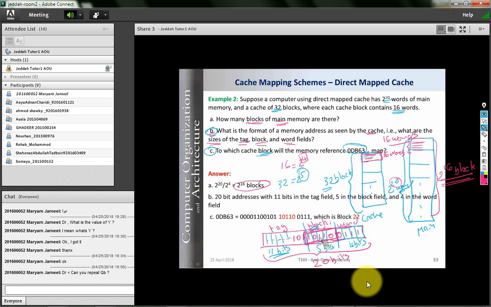This value is 16 plus 4 plus 2. 16 plus 4 is 20, 20 plus 2 is 22. That means this address is mapped to block number 22 in the cache memory. So we'll find this address in block number 22 in the cache.